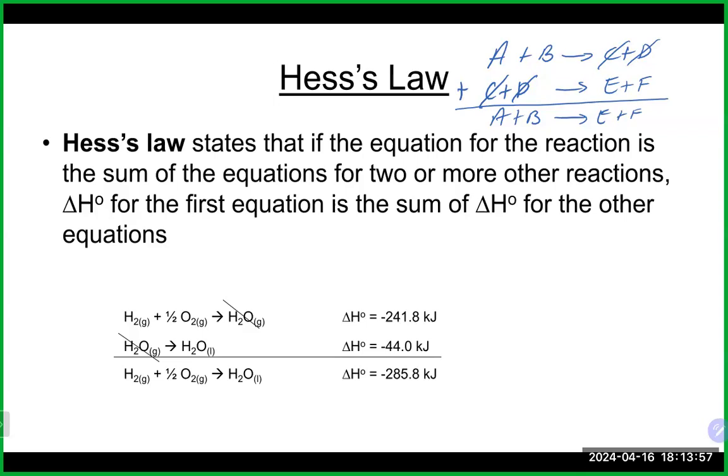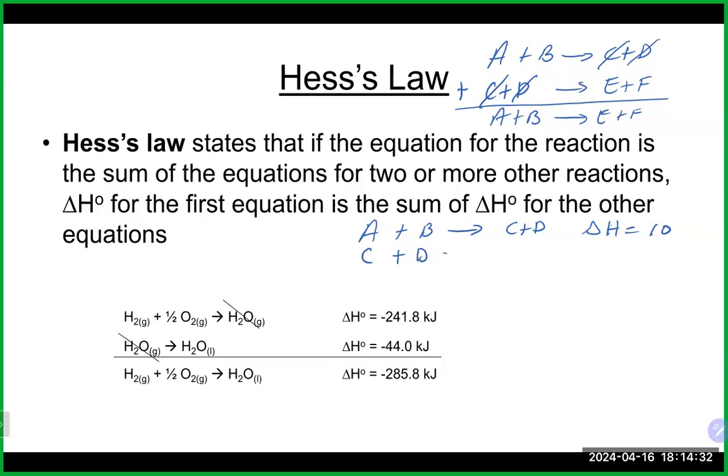Now, there are a couple of things that we could sometimes do to equations that does affect the delta H value. So just a reminder that if you had, for example, A plus B goes to C plus D, and the delta H is 10. If I did not need the reaction written like that, but perhaps I needed the reverse reaction, that would mean that I need to reverse this reaction.